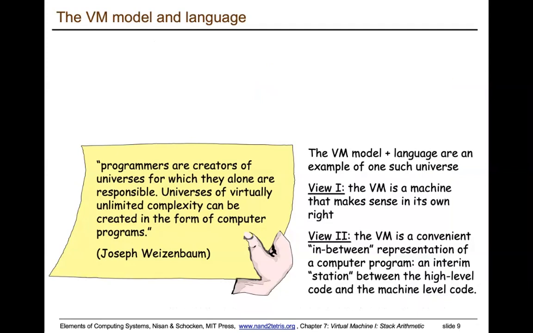Okay, so the VM model and the language. Let me briefly go over two views. View one: the VM is a machine that makes sense in its own right. View two: the virtual machine is a convenient in-between representation of a computer program, an intermediate station between the high-level code and the machine-level code. You can treat it either way.